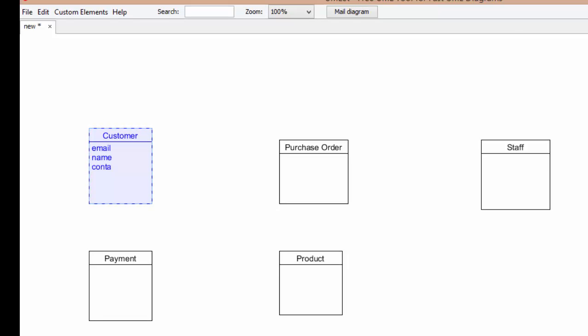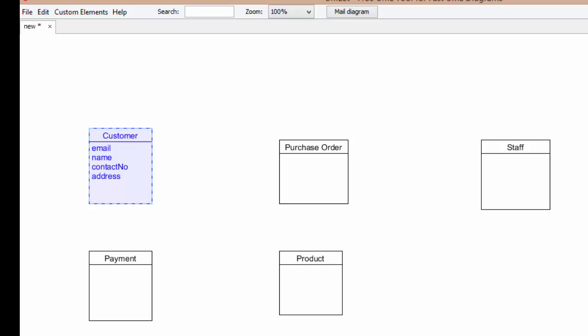So for the customer, we have email, name, contact number, address, number. We need to make the attribute as primary key, and so in primary key we need to put at the first attribute.